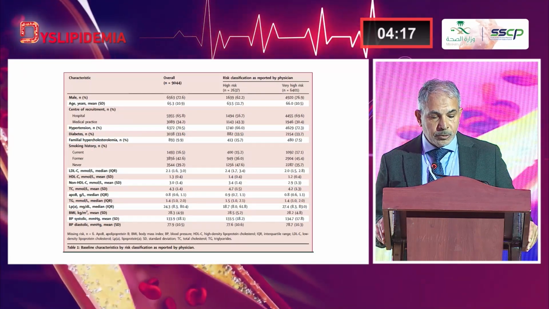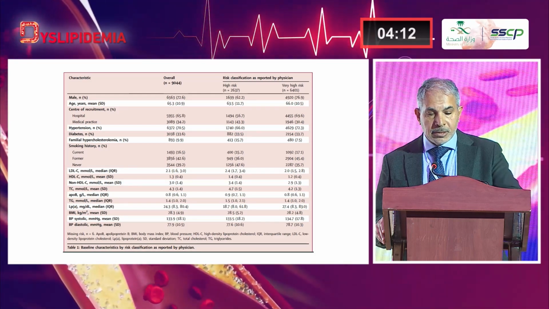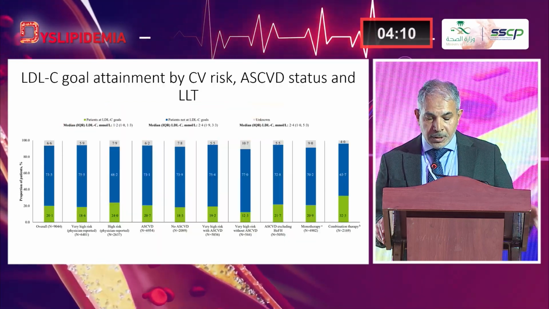The high risk were 2,637, and the very high risk, 6,400 patients.